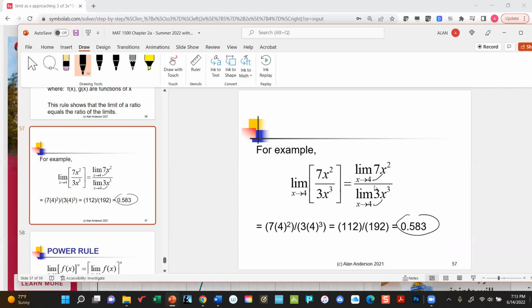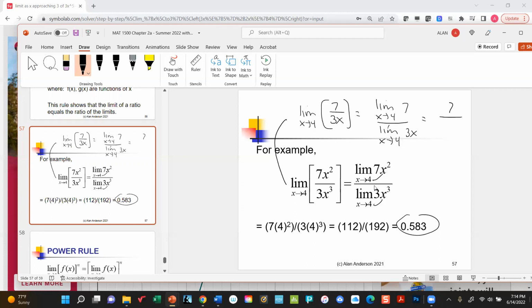Now, in a case like this, if you would have preferred, you could just simplify, and you'll see that you end up with 7 over 3x. And then technically, you're still doing the same thing. It's the limit as x approaches 4 of 7 over the limit as x approaches 4 of 3x.